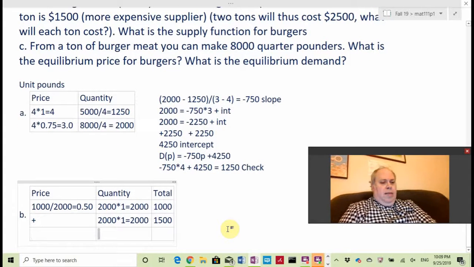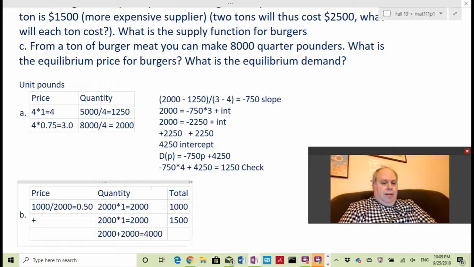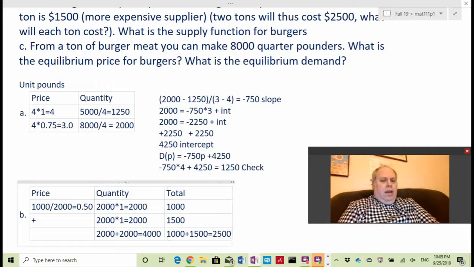The real thing that's going to be relevant is the quantity, 2,000 plus 2,000 pounds, 4,000 pounds. And the total we're spending to get that 4,000 pounds is 1,000 plus 1,500, which is 2,500.